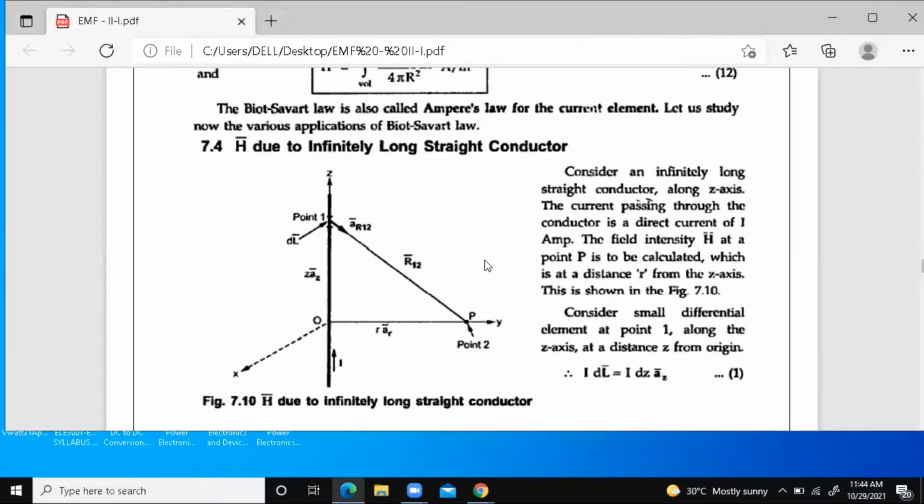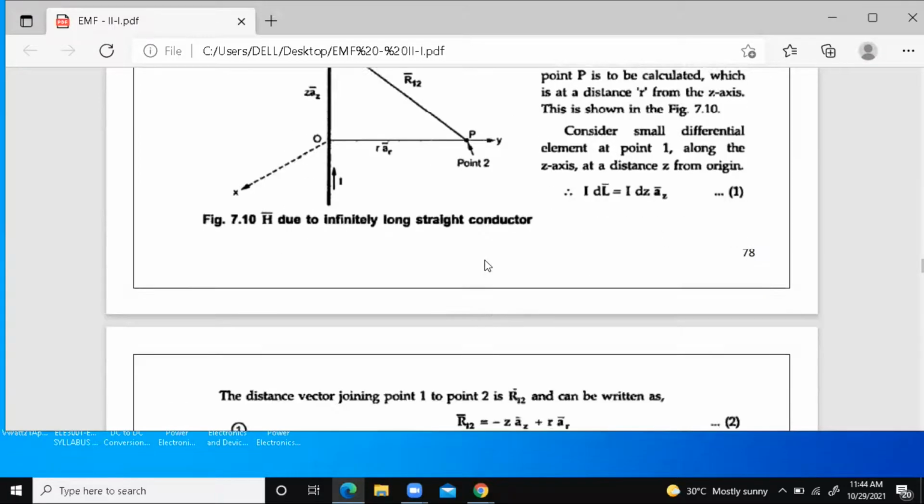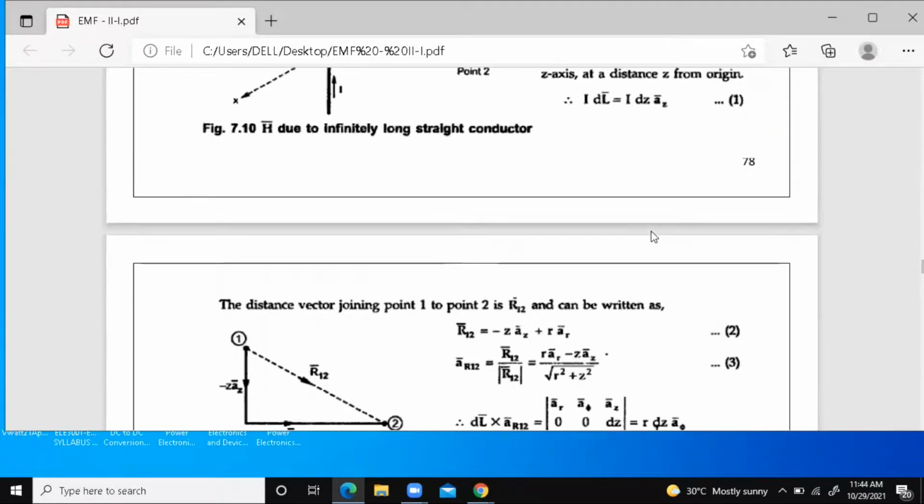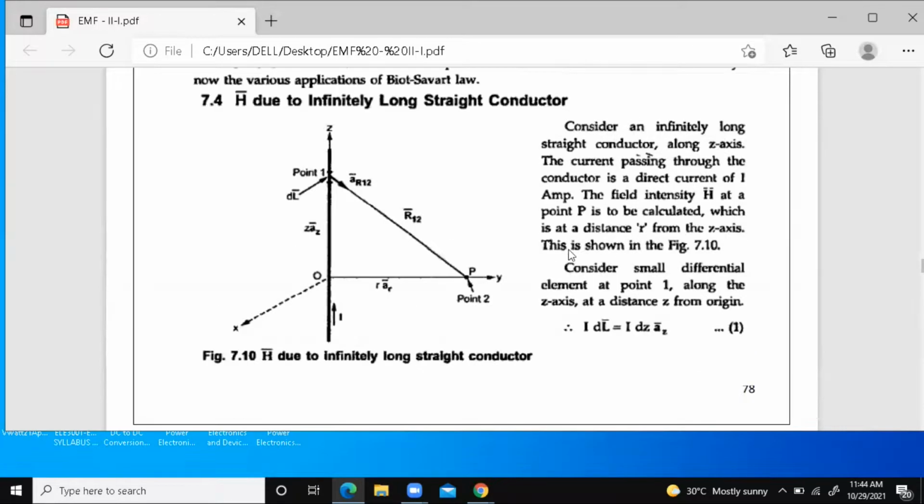Your R12, look at this now. We are considering this differential length.